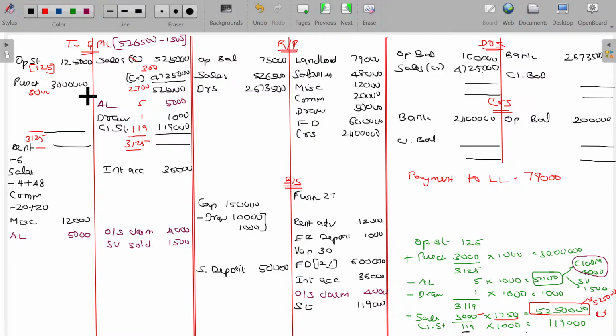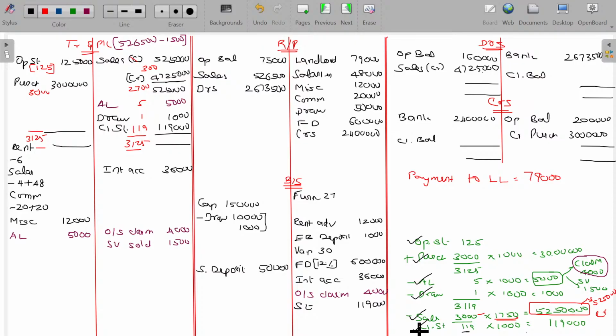The purchases value should be posted in the credit side. So here, credit purchases, the value being 30 lakhs. Cross verify now. Opening stock posted, purchases posted, abnormal loss posted in the credit side of the trading and debit side in the P&L account. Amount recoverable for the abnormal loss credited, drawings also posted, sales posted, closing stock posted.